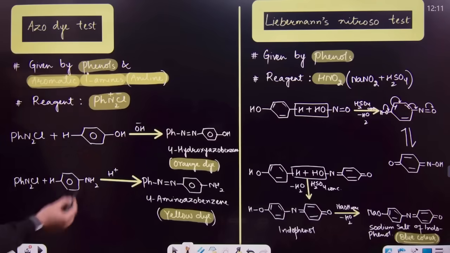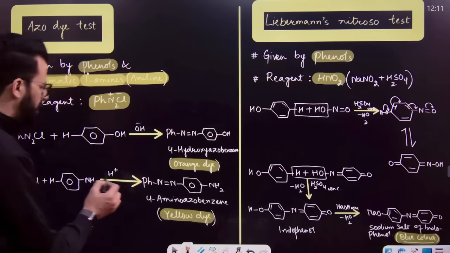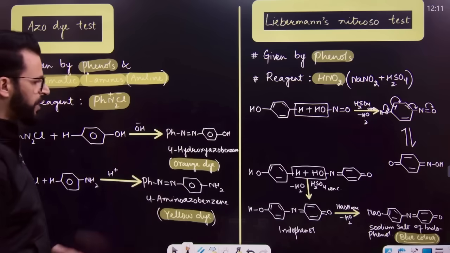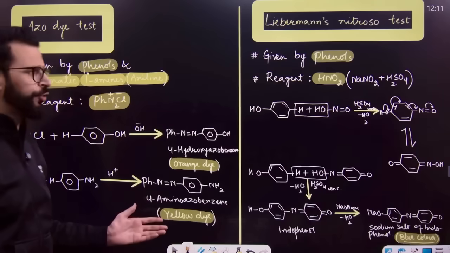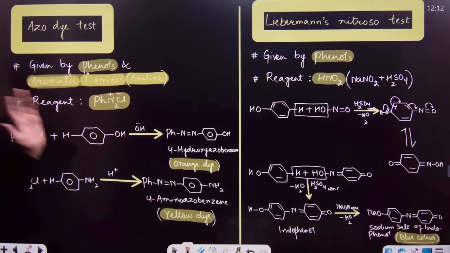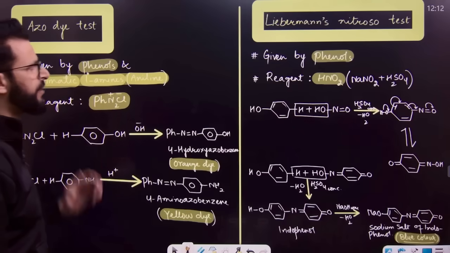But remember, aniline gives 4-amino-azobenzene, in acidic medium, coupling with the benzene diazonium ion at the para position, resulting in a yellow dye. So this can be simply used as a distinguishing test between phenol and the rest of the compounds, similarly between aromatic amine, that means aniline, and the rest of the compounds.